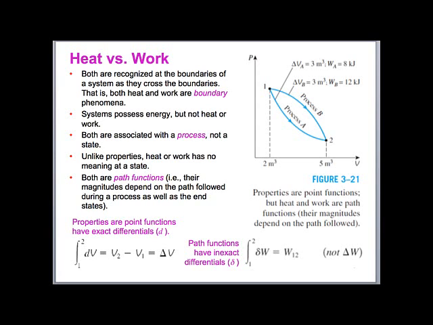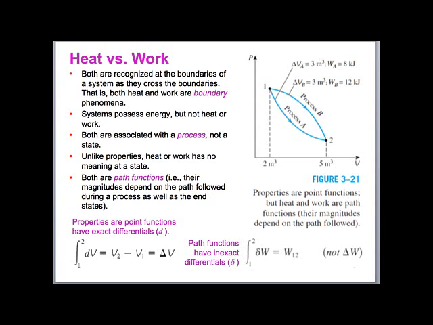For work and heat, you're going to see we use a squiggly line instead of a lowercase d. This is a delta, the Greek letter delta. The reason we use that is because it's dependent on the path, not the point. So if we know what the system is like at point 1, and then it comes to equilibrium and we know what the system is like at point 2, we can treat that as a point function.